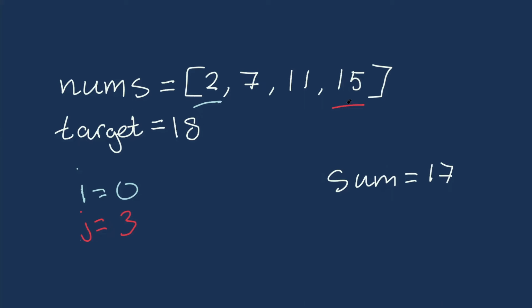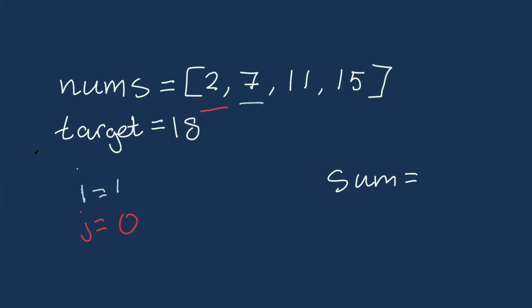So what we do at this point is reinitialize j at 0 and increment i to 1, and then start again.